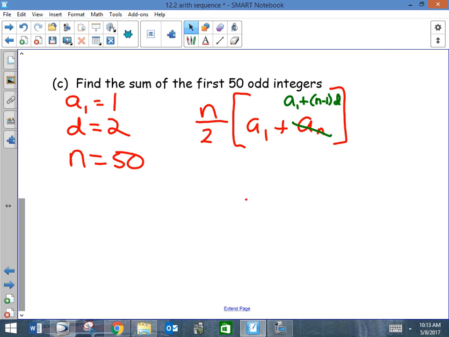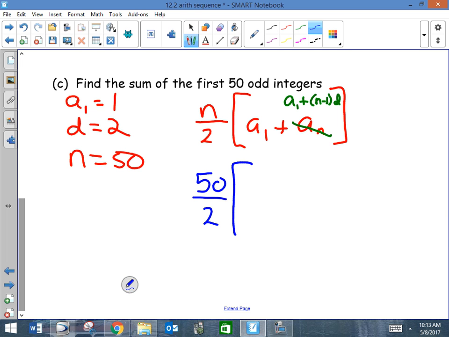Okay? So I'm going to add a1. My 50 goes here. A1 is 1. A1 is 1 again. N minus 1 is 49. And D we said was 2.